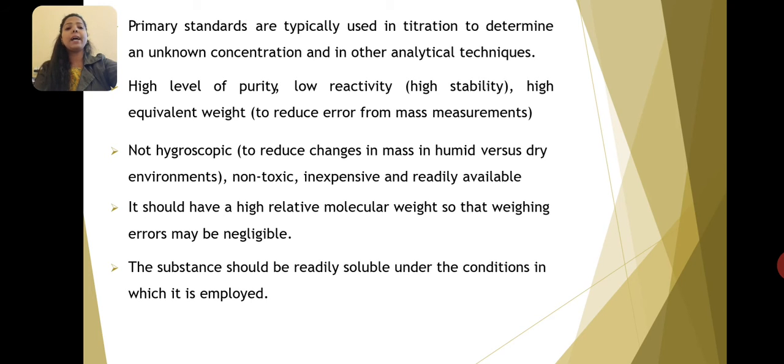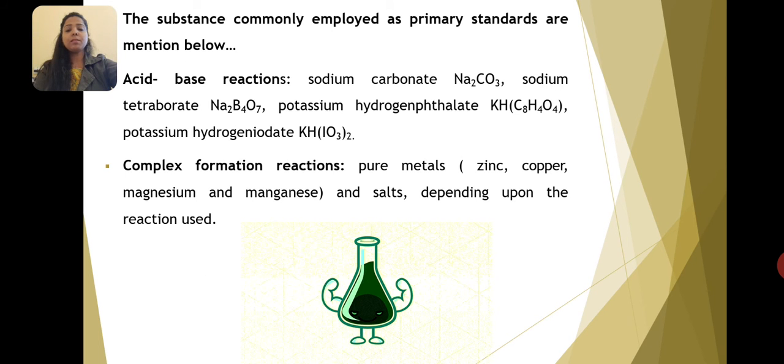It should have a relatively high molecular weight so that weighing error may be negligible. The solution should be readily soluble under the condition which is employed. The substances commonly employed as primary standard are, in acid-base reactions, sodium carbonate, sodium tetraborate, potassium hydrogen phthalate, potassium hydrogen iodate.